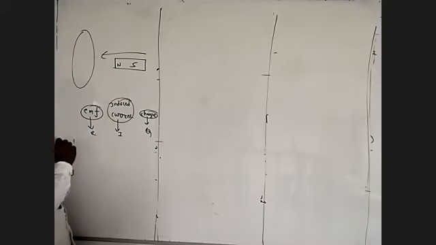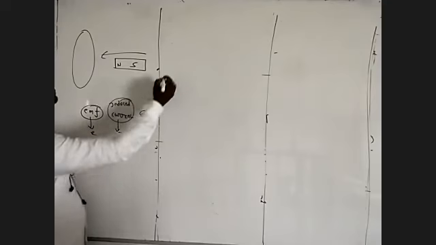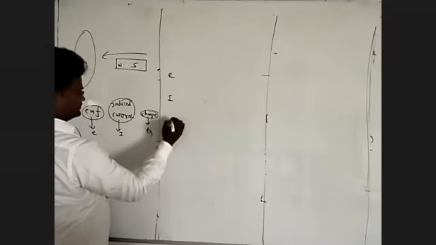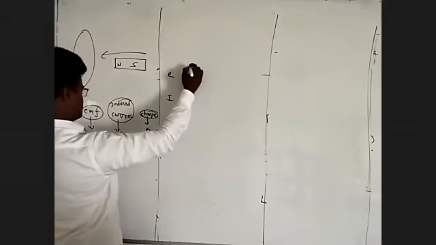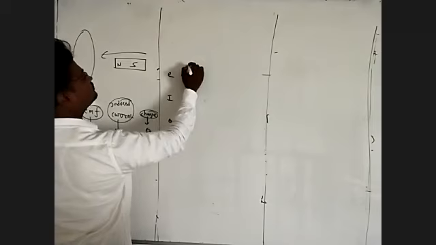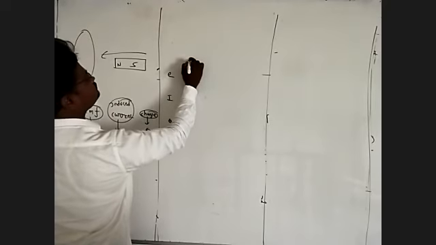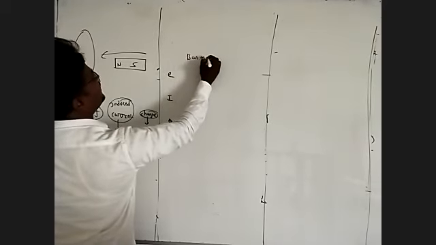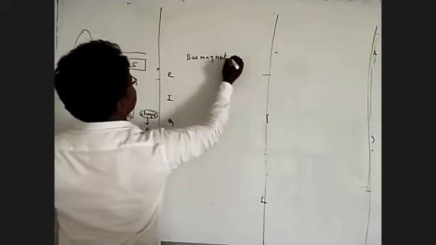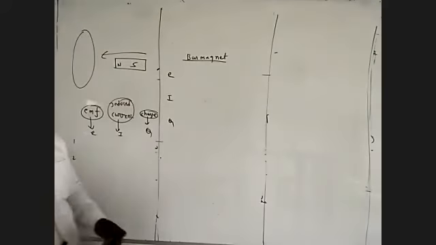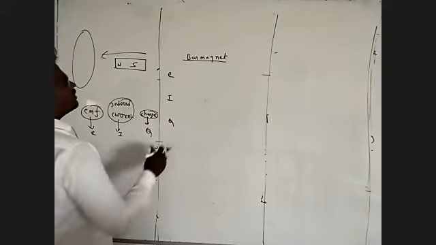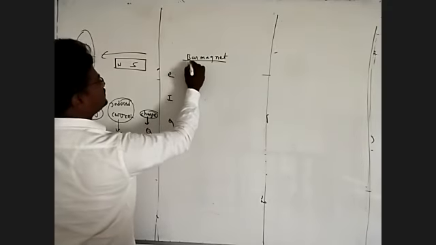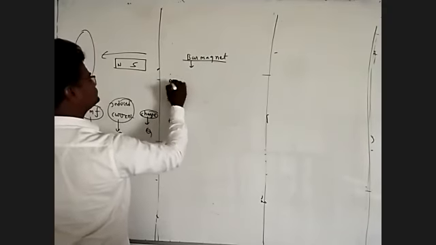So the bar magnet is moving very fast, and now E, I, Q. First, slow.